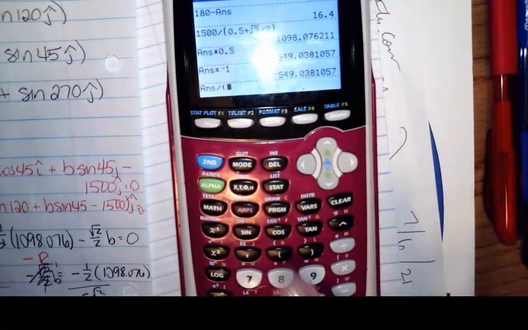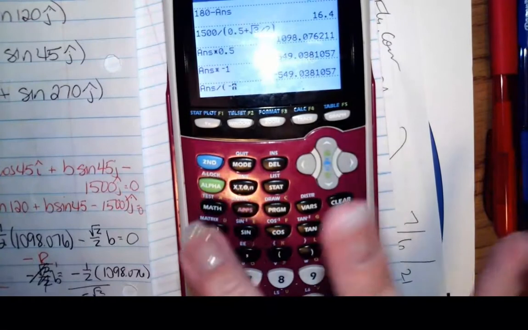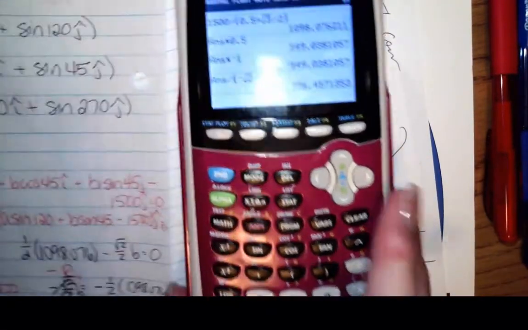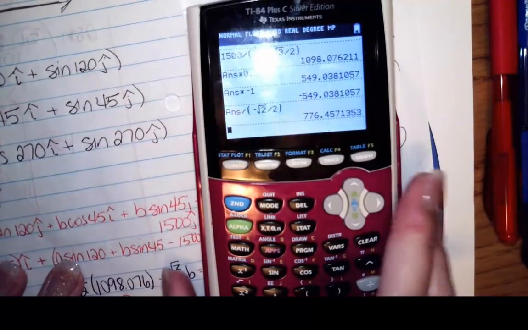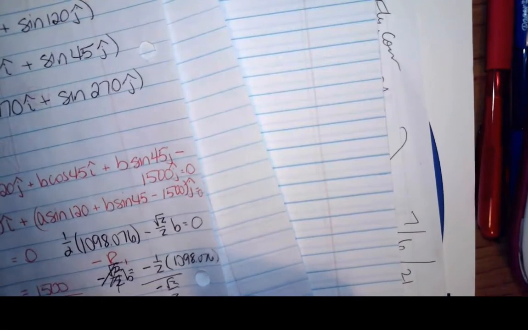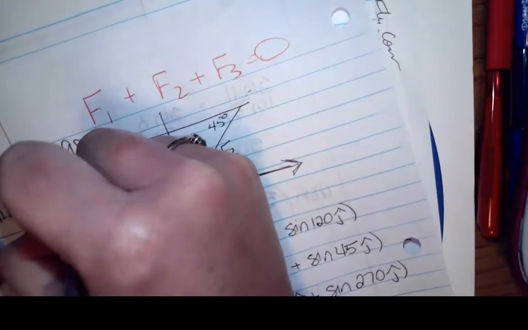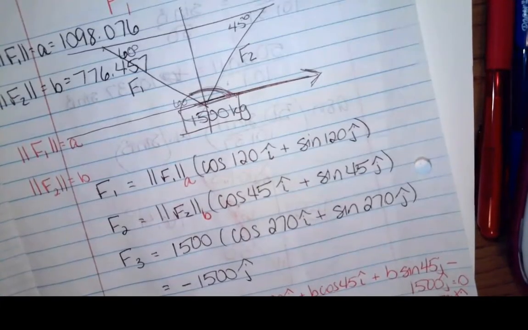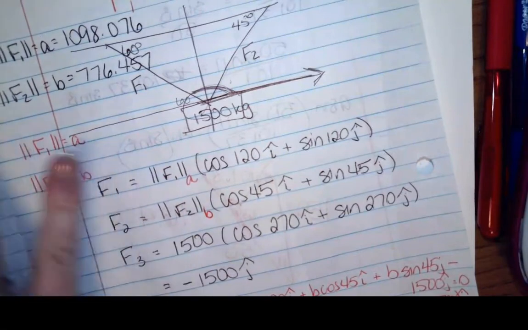Okay, and then divided by negative root 2 over 2 gives me a force on the magnitude of B is 776.457. B is 776.457 pounds.